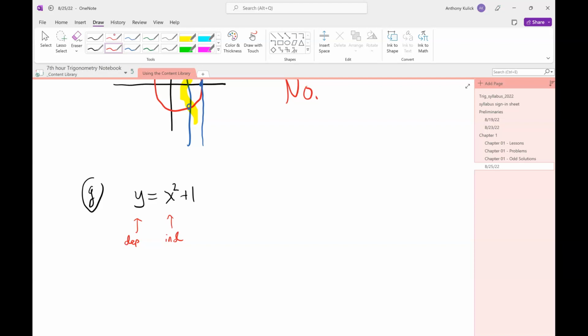But there's no reason why we couldn't have said y is the domain and x is the range, other than that's not what we do. There's nothing in the problem that says specifically that x has to be the independent variable and y has to be the dependent variable.